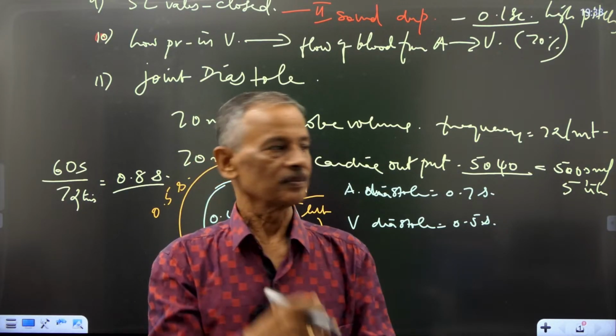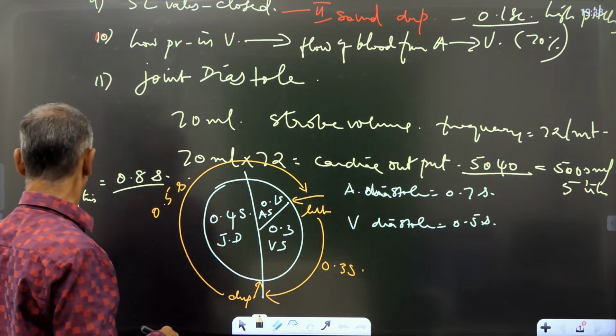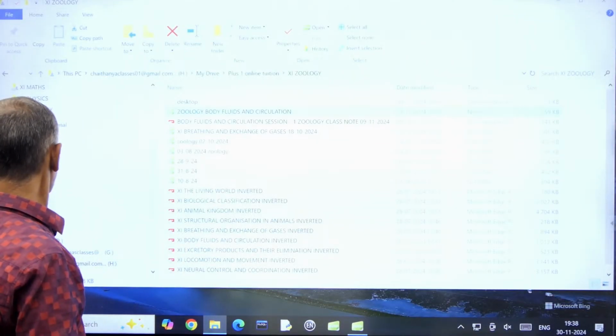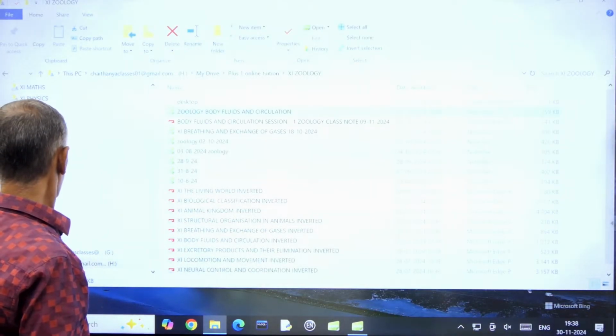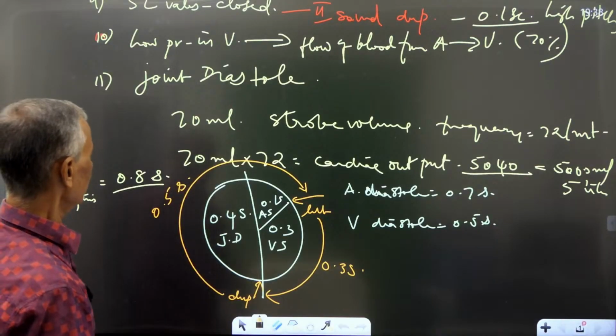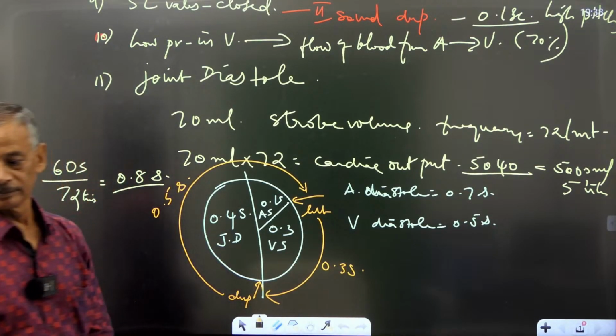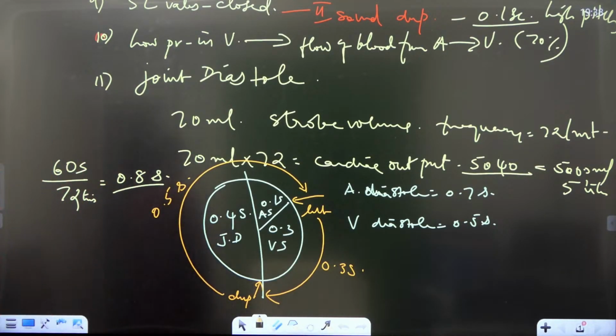In an athlete, the cardiac output may be varying. He can make cardiac output as well as the stroke volume slightly changed.